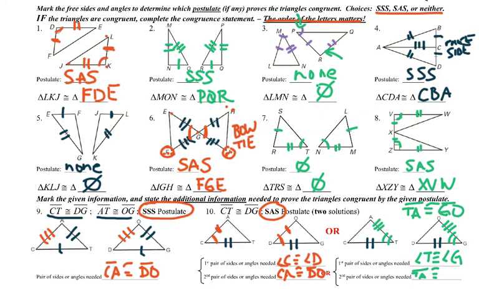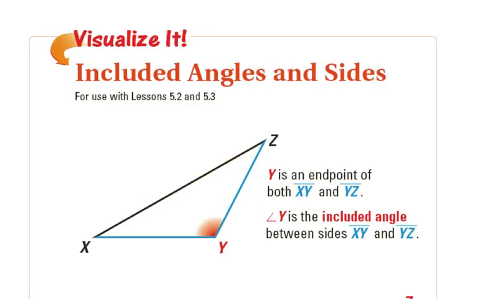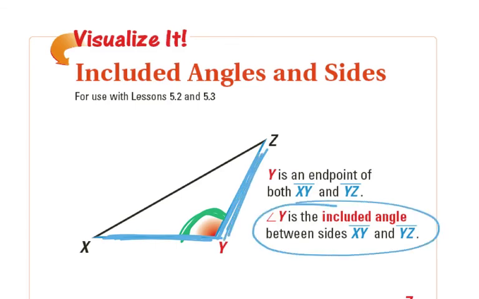You might not have this page in your packet, but I'm just going to show you really quick. This is that idea of included. So we use that word a lot, included, like an included angle. So this angle here is included between the 2 blue sides. That's what this is saying. Angle Y is included between those 2 sides.